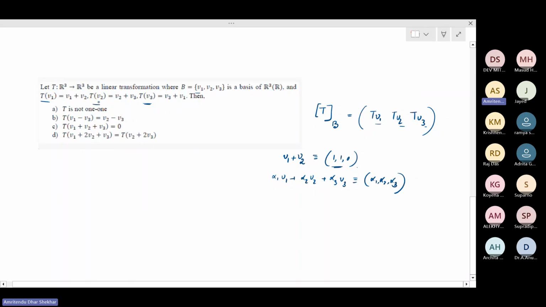Similarly, you have the coordinates for V2 and V3. So when you write down this matrix T with respect to this basis B, V1 goes to V1 plus V2, which is 1, 1, 0. V2 goes to V2 plus V3, which is 0, 1, 1. And V3 goes to V3 plus V1, which is 1, 0, 1.